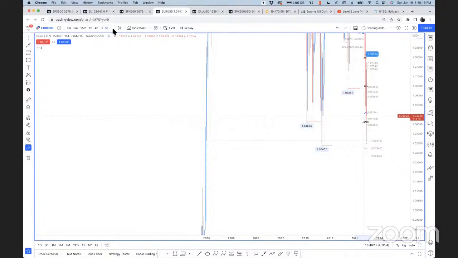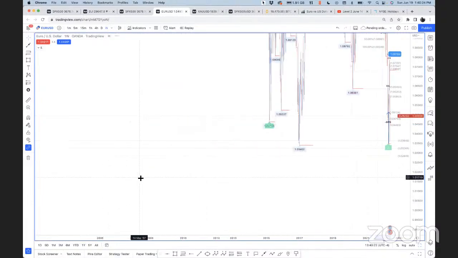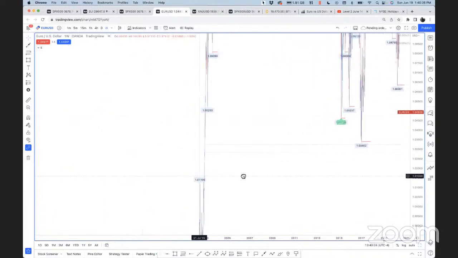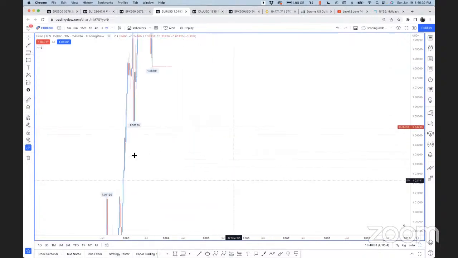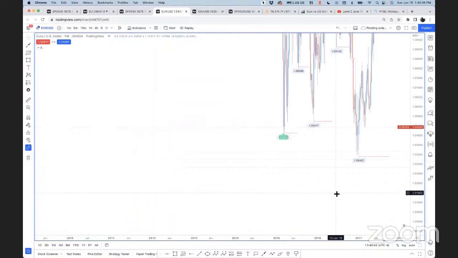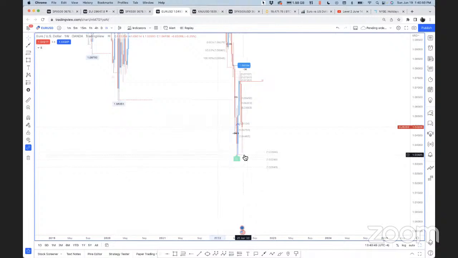This little weekly imbalance right here that we got between 1.036 to 1.028. And we pretty much came down right to the middle for the most part. We missed the middle by a couple of pips.